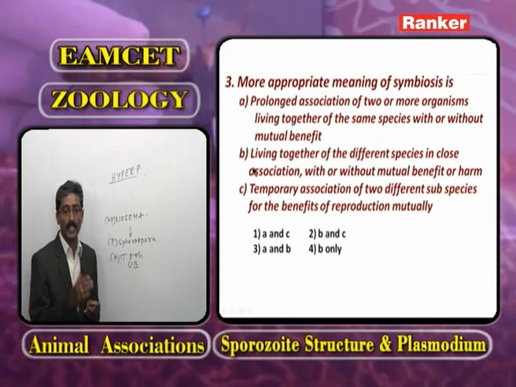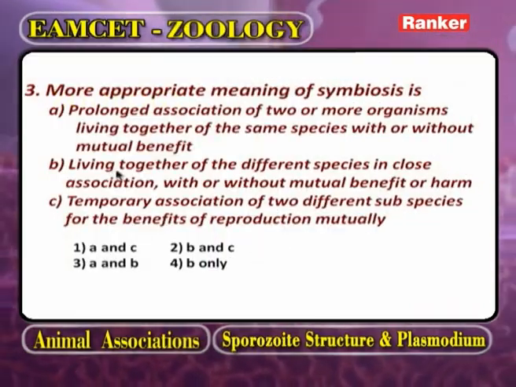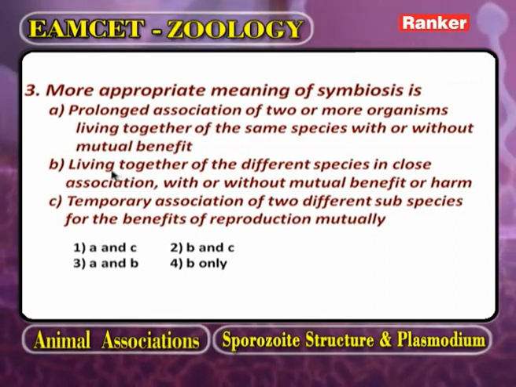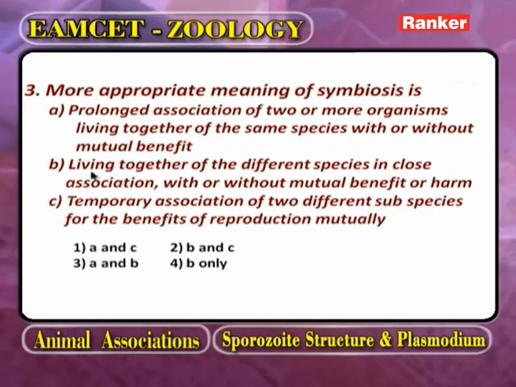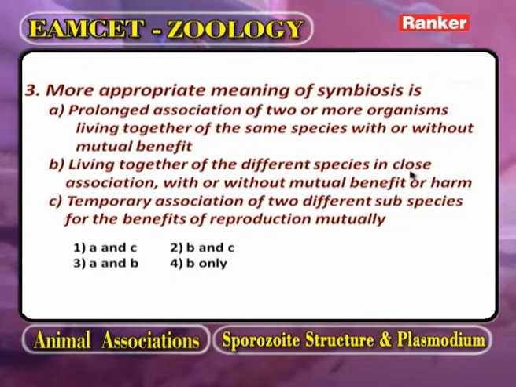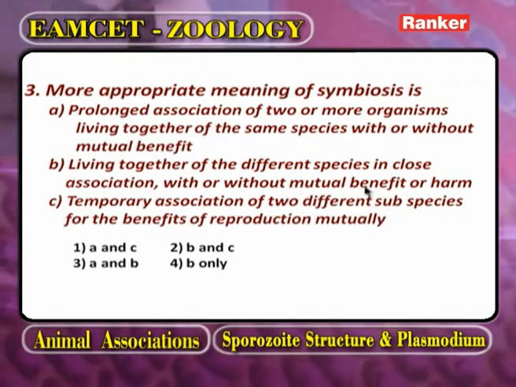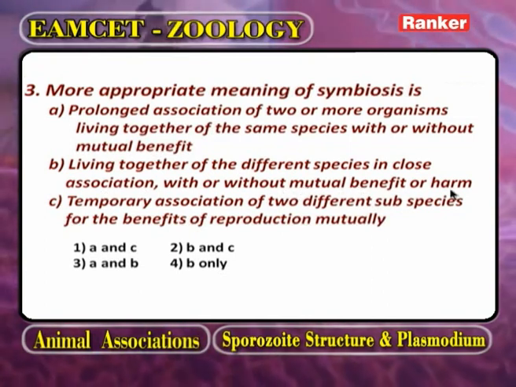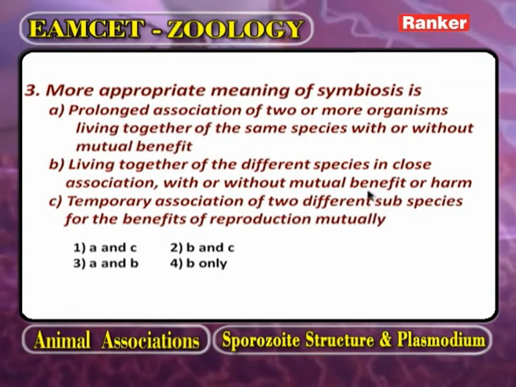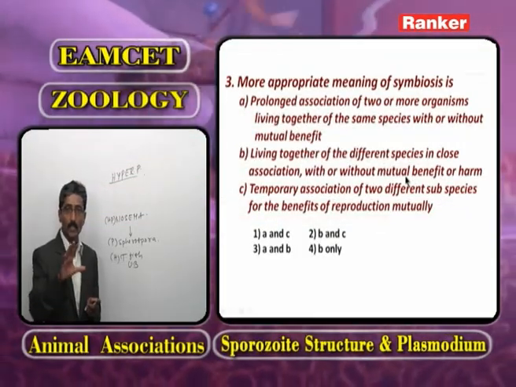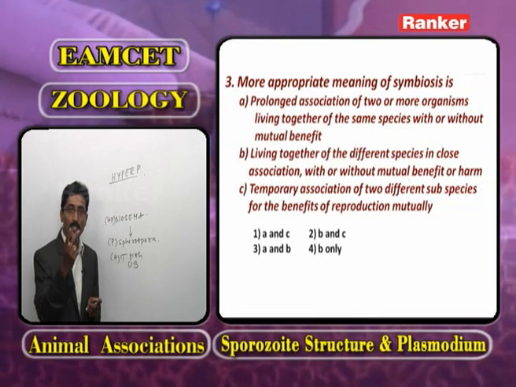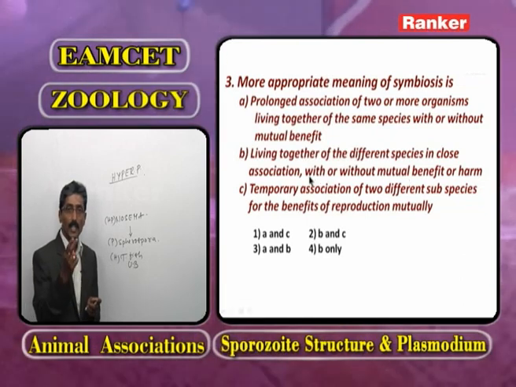Now we go for the second one. What is meant by symbiosis? Symbiosis means organisms of different species living together in close association with or without mutual benefit or harm. We have a good idea regarding animal associations. Mutualism, two organisms of two different species.